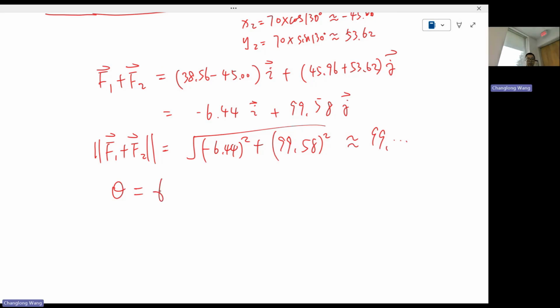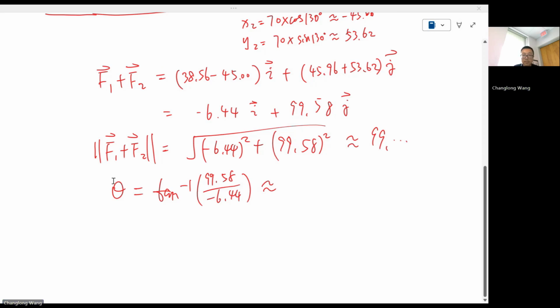If you do that, 99.58 over negative 6.44, that will get you approximately negative 86 degrees.